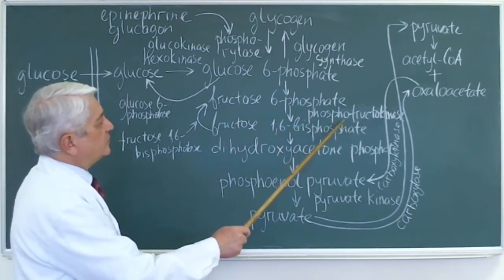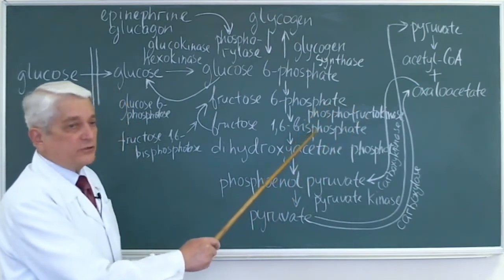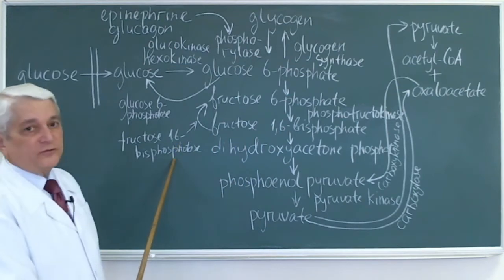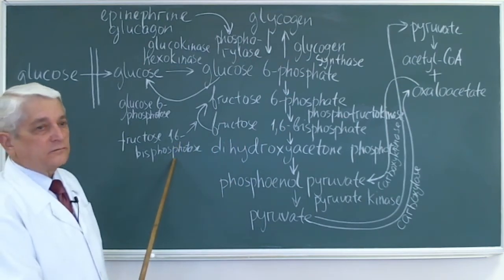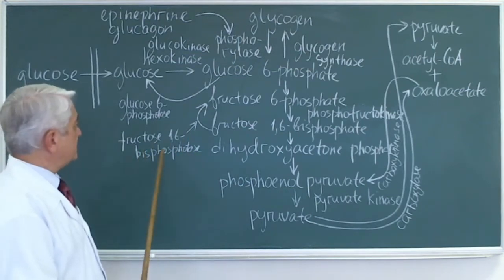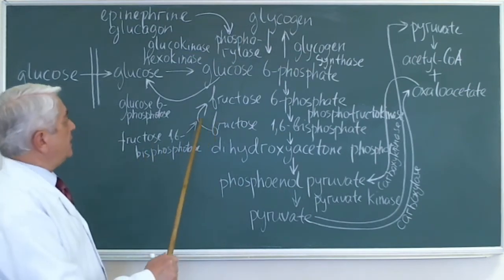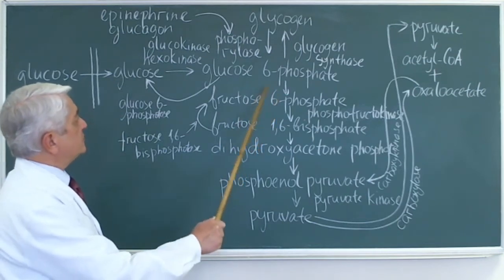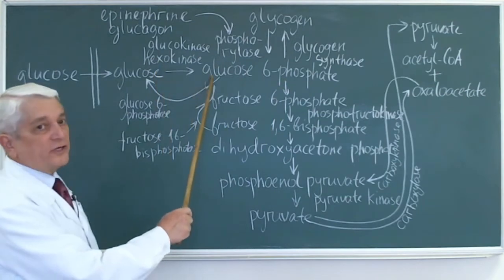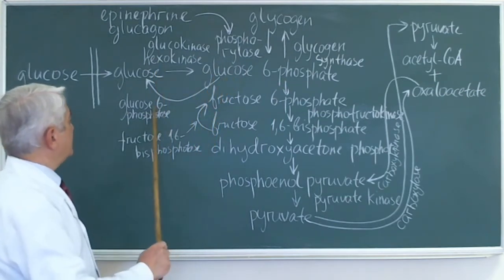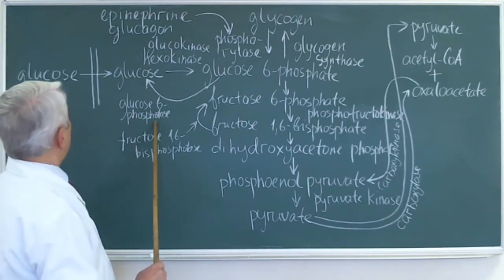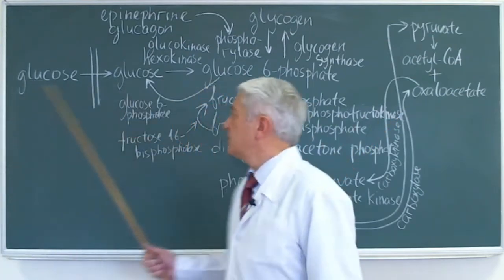Reaction with phosphofructokinase is irreversible, so we need fructose 1,6-bisphosphatase enzyme. Then we are receiving fructose 6-phosphate, then glucose 6-phosphate. This hexokinase reaction is also reversible, so we need another enzyme, glucose 6-phosphatase, and finally we are receiving glucose.